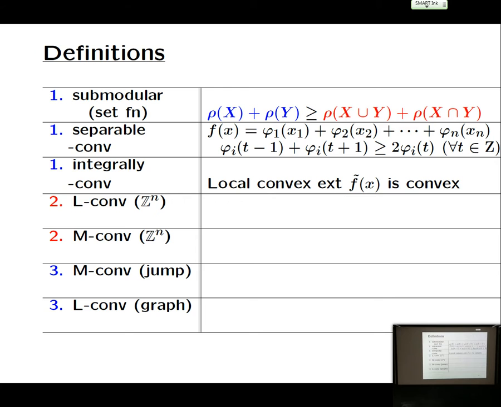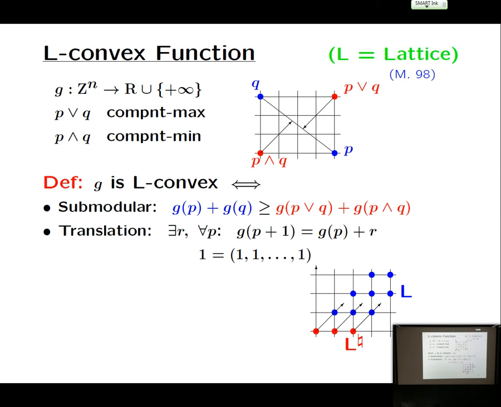Okay, so we have defined these three already, and we go on to the fourth. So L-convex function, L means lattice. And here the notation, p and q are vectors, and this is the component-wise maximum and component-wise minimum. A function g on the integer lattice, integer vectors, is L-convex if it is submodular in the ordinary sense, and moreover, it is linear in a special direction.